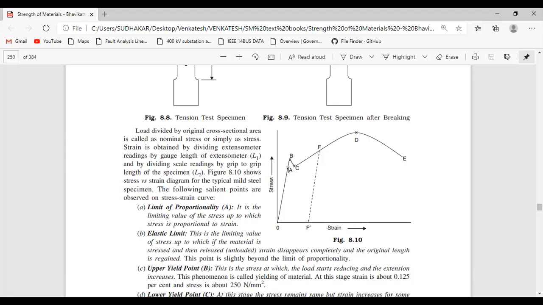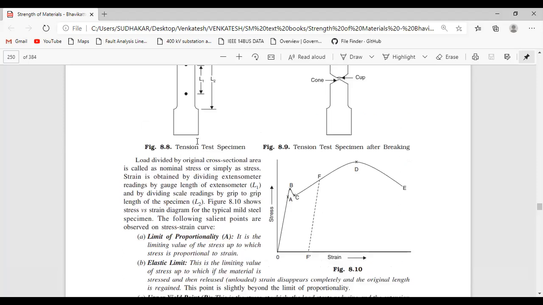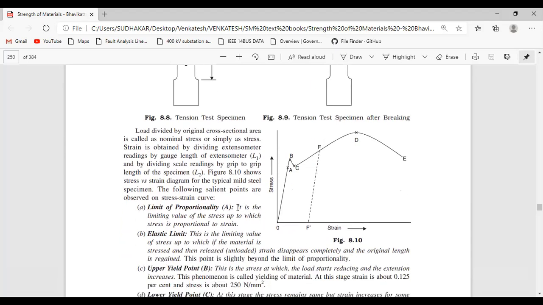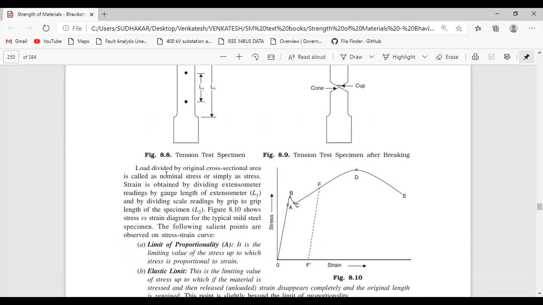These are the points A, B, C, D, E, F, F dash. The point A you can call the limit of proportionality. Before going into that, the load divided by the original cross-sectional area is called normal stress, or simply stress.